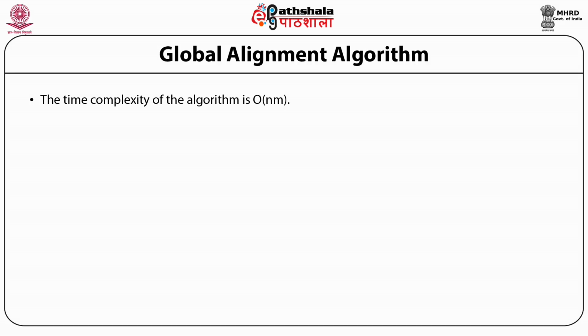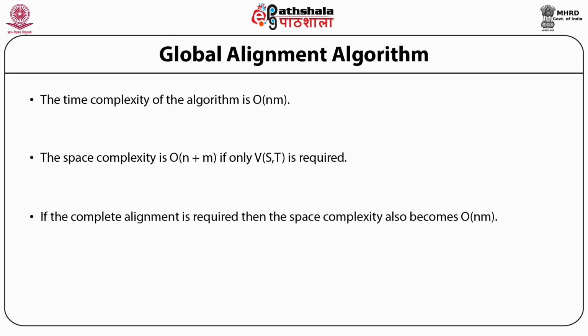If the first sequence has length n and the second sequence has length m, then the time taken is proportional to the product of the lengths of the two sequences, that is of the order O(nm), and the space required is about O(n+m), so just the sum of the two lengths is required, if only the final alignment score is required. If on the other hand you require the complete alignment, then even the space requirement is proportional to the product of the lengths of the two sequences.